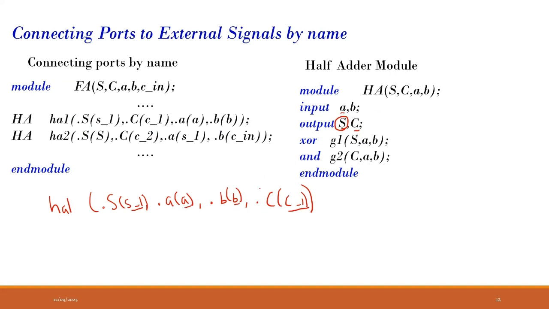What is my B will come from here. So it will know, it will define from the dot. The advantage in this method is we do not need to write these arguments in the same order when we are calling it inside another module. We just call it by the dot of S of that, and then we give whatever variable we want to pass. So that is the advantage of using this method.